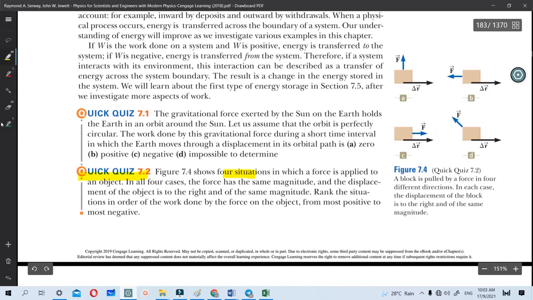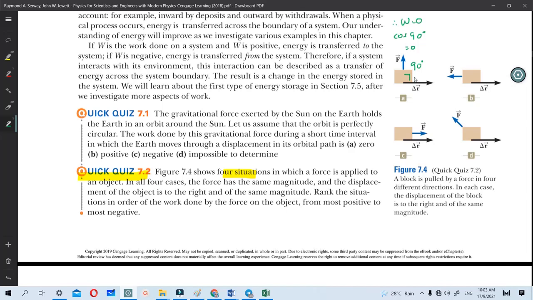Now, let's have a look. Let's start with something so obvious that we do not need to do any calculation. For instance, the one here is 90 degrees. Since it's 90 degrees, the product with cos 90 will give you 0. So hence work is 0 for A. Now how about B and C?